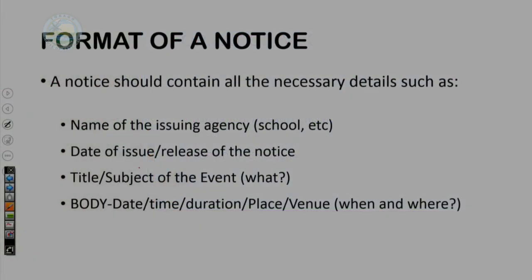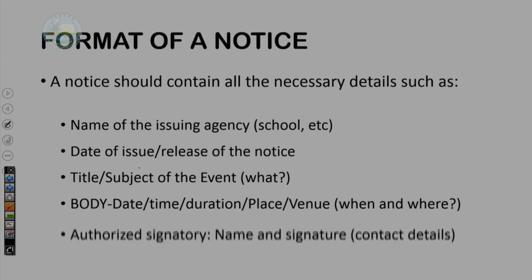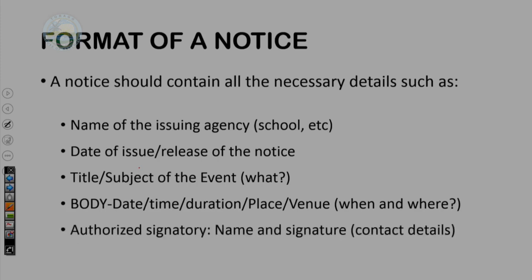You want the body of the notice: the date, time, duration, place, venue, your when and where. What this event is about is your subject, and then the body would provide the details, your when and where of this event. And then there's the authorized signatory, the name and signature with contact details of who has sent it out.